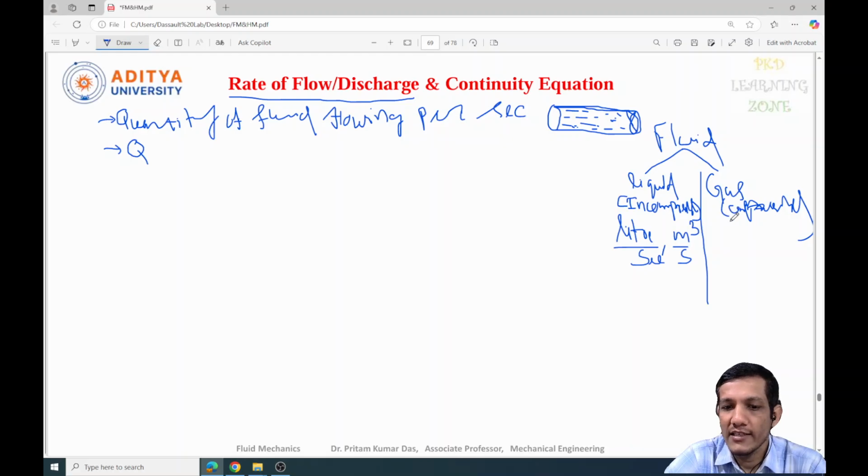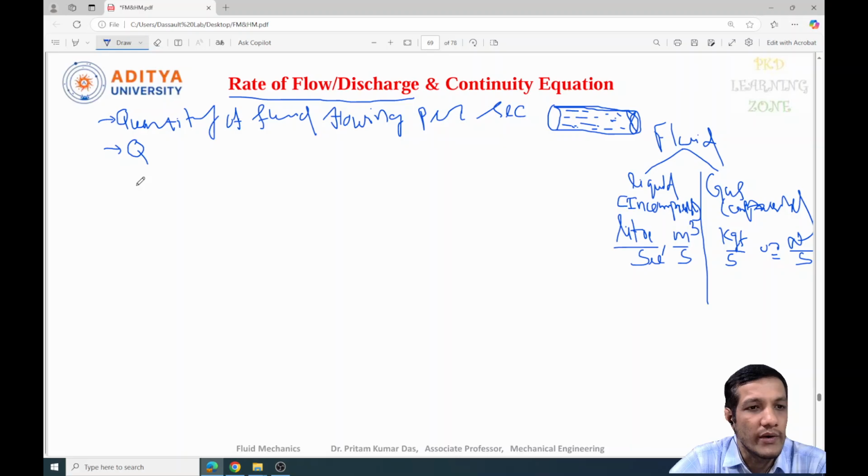And for the gaseous case it will be different. That is the weight of the fluid per second, which we can write in terms of kg force per second, or Newton per second. Both can be defined in this way. For an incompressible fluid, the rate of flow or discharge can be expressed in terms of volume of fluid per second.